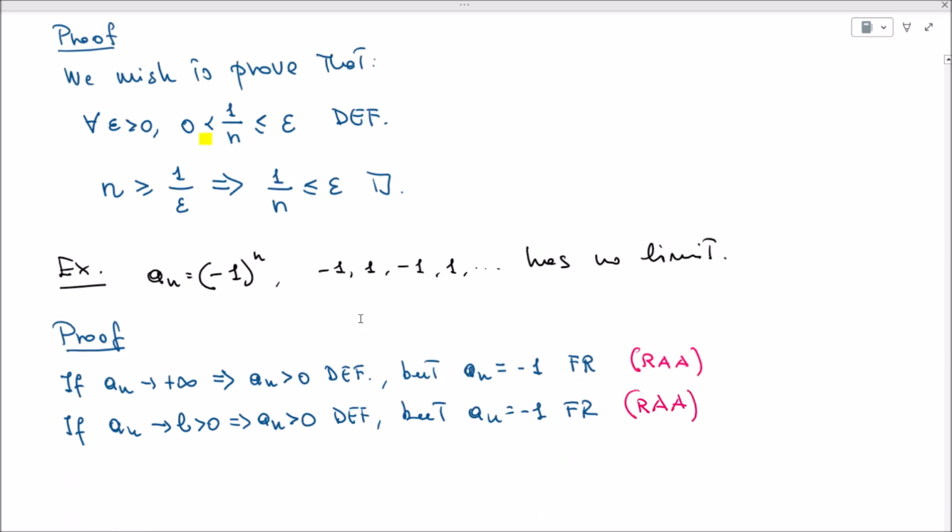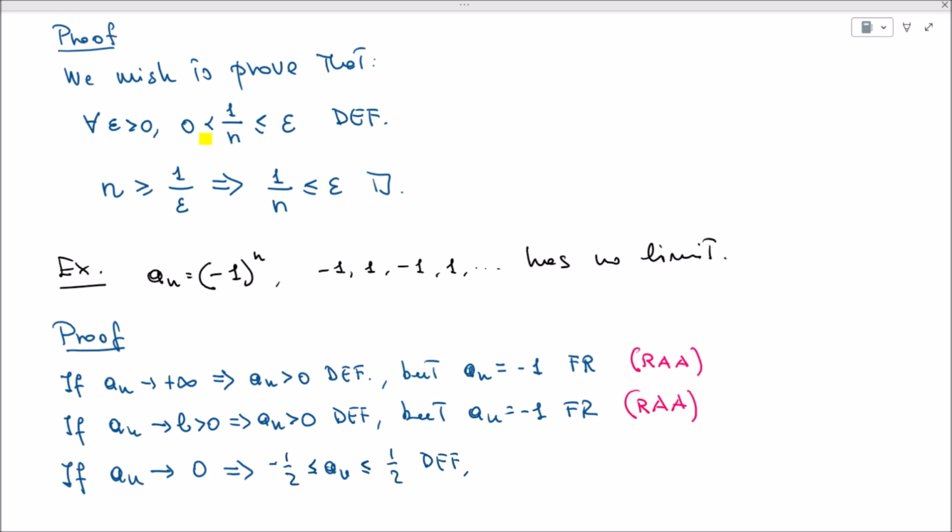Okay, so let's now see what happens if a_n tends to 0. Well, that would imply that a_n should be between, for example, -1/2 and +1/2 definitively.